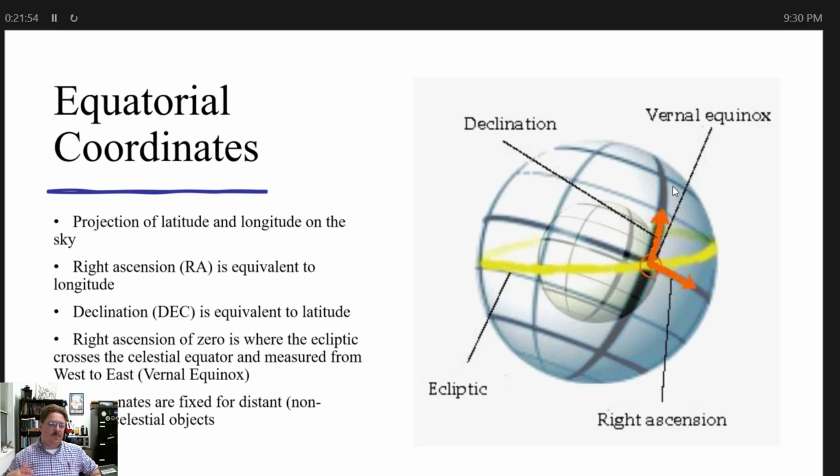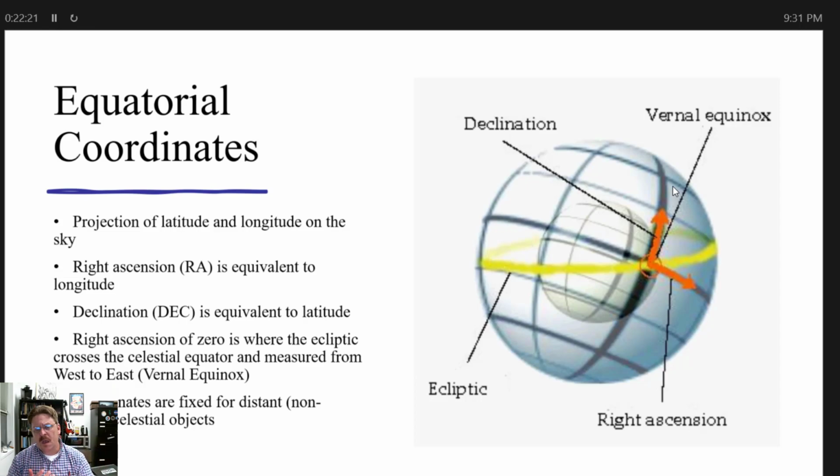So Polaris, for example, is plus 90 degrees. Let me think of something else. The lower half of Orion, for example, you're getting into like negative 5 degrees or negative 10 degrees declination. So that's pretty easy to understand.